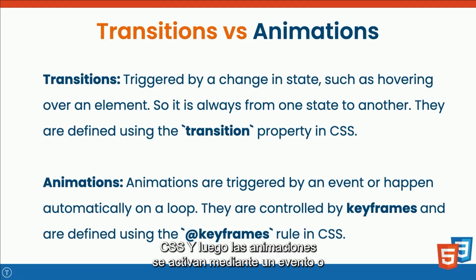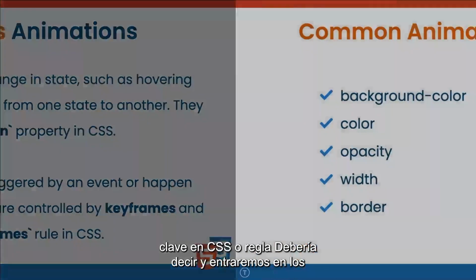And then animations are triggered by either an event or they can happen automatically on a loop. So you can actually just go to a page and have an animation run. And they're controlled by something called keyframes and are defined by a directive at keyframes in CSS, or a rule, I should say. And we'll get into keyframes very soon.